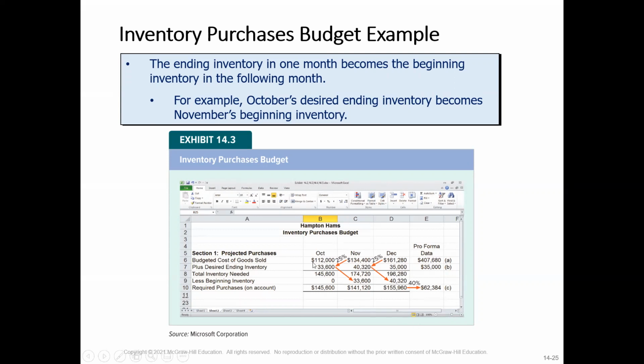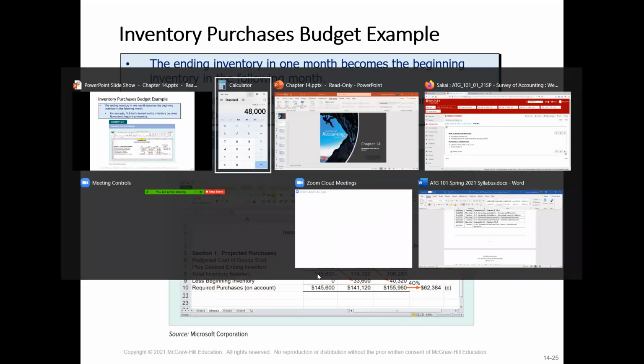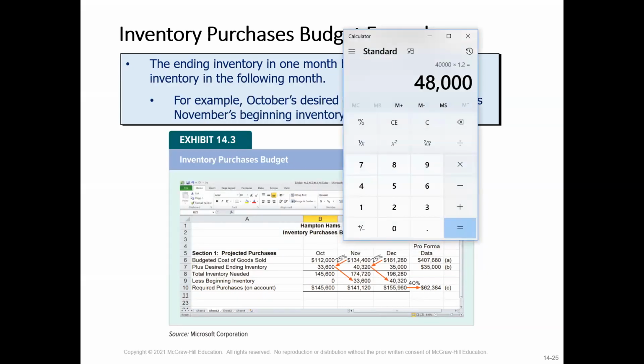So our budgeted cost of goods sold figure, where would that have come from? Our budgeted cost of goods sold was all total projected sales of $160,000 times the figure given, which was 70%.